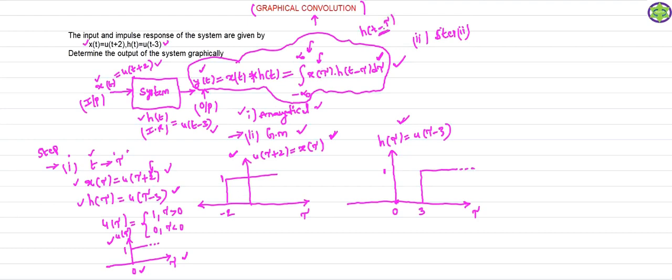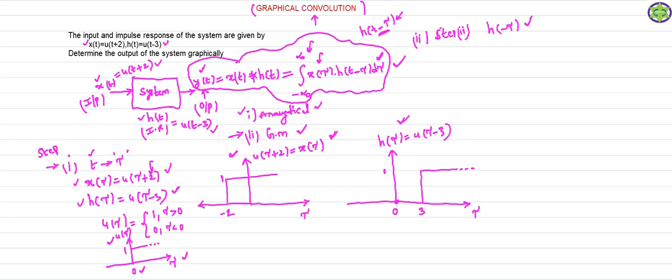How can I develop h of t minus tau? First, in step 2, we have to find h of minus tau. So that is your step 2. After finding h of minus tau, we are going to find out h of t minus tau in step 3.